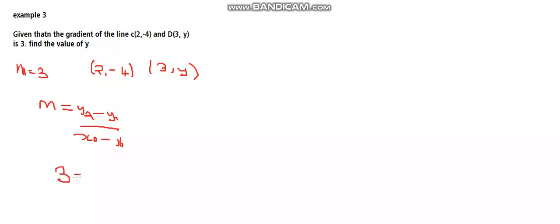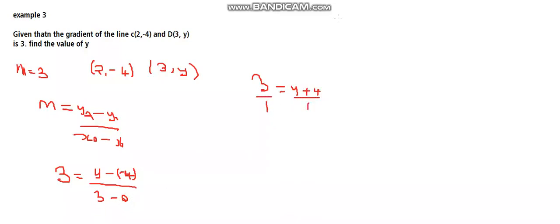Now start replacing. y2 is the same y which is there, so y minus y1 which is negative 4, so minus negative 4. Make sure you write it the way I'm writing. There's a negative there. Over x2 which is 3 and x1 which is 2. So we have 3 equal to y, negative times negative gives positive 4, divided by 3 minus 2 which gives 1.